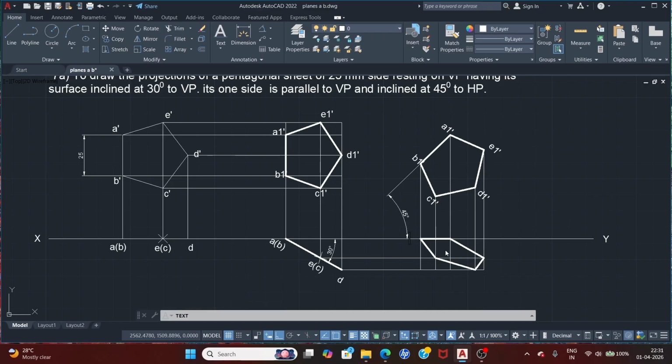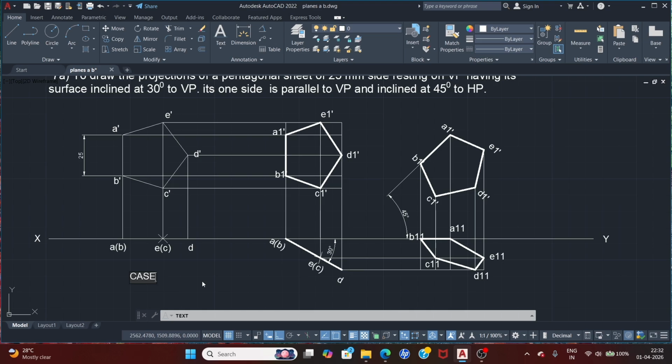So here I am indicating as A double one, B double one, C double one, D double one, E double one. Okay. Suppose if it is above the XY, we have to use A double one dash, B double one dash, just like that. Okay. So I hope everyone understood this process.